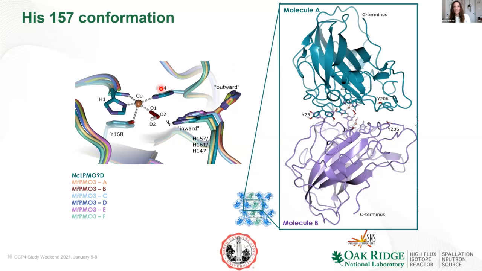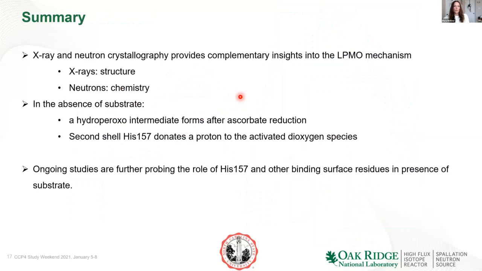But there is evidence in the literature and in structures solved by other groups that this might be what this histidine is doing. There are indeed a number of structures where that histidine is refined in an outward position. So in summary, we're using X-ray and neutron crystallography to provide complementary insights into the LPMO mechanism.